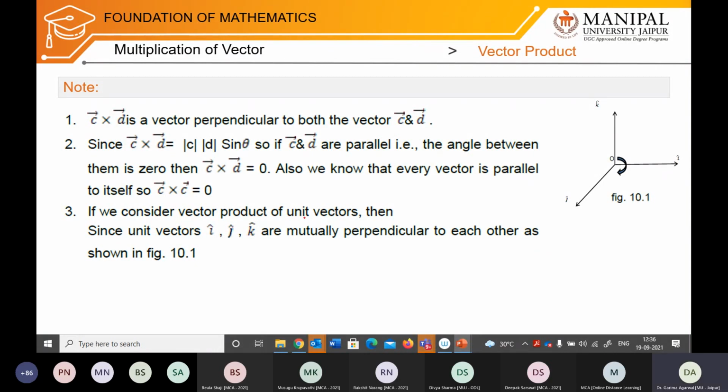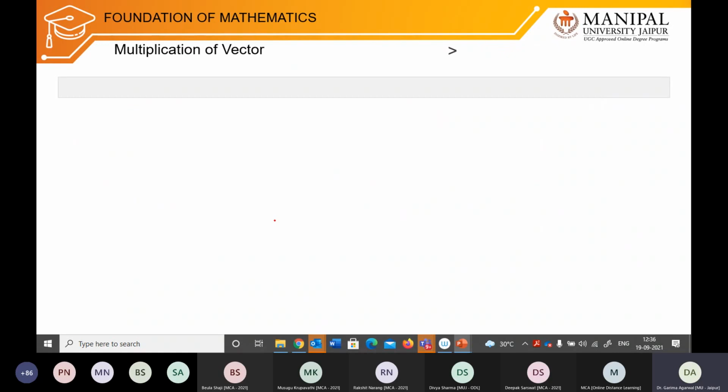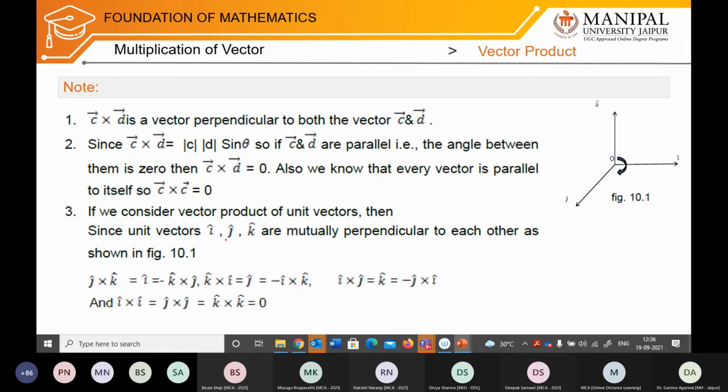If we consider the vector product of unit vectors i cap, j cap, k cap, which are mutually perpendicular, then how can we learn this? So i cap, j cap and k cap. Write them in a circular motion, draw the arrows like that, right?